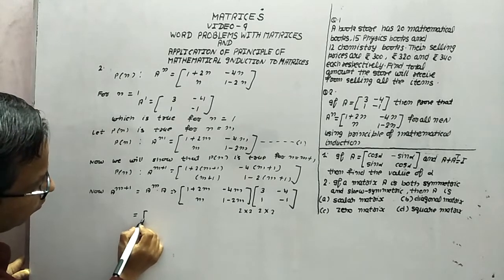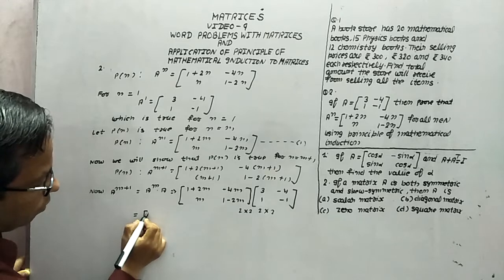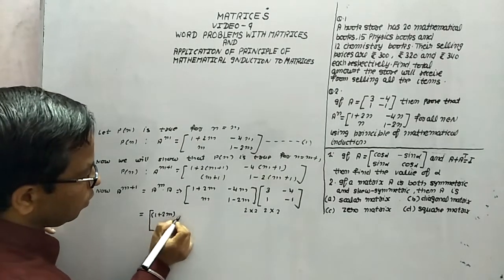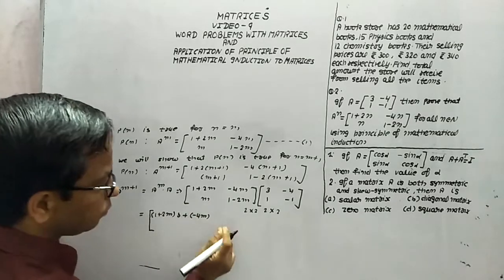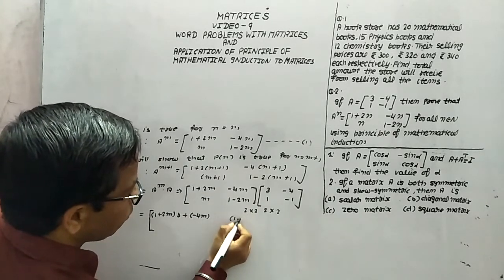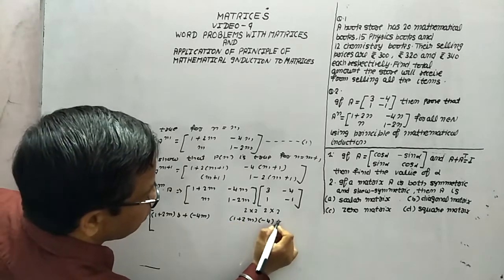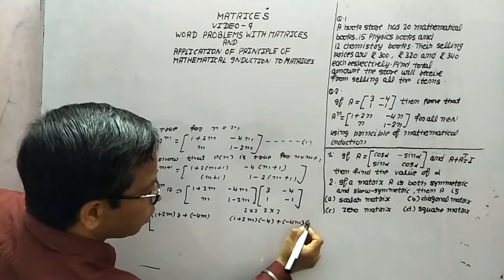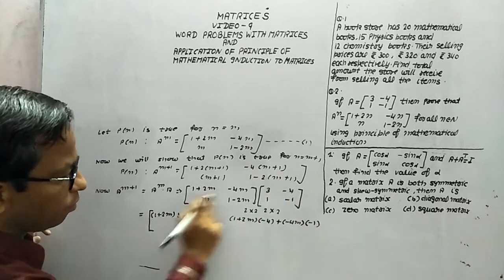So let's start with multiplication. First row, first column: (1+2m) into 3 plus (-4m) into 1. First row, second column: (1+2m) into -4 plus (-4m) into -1.